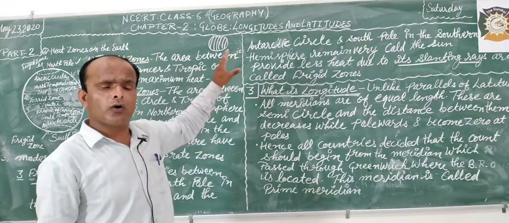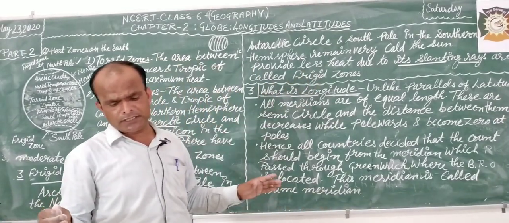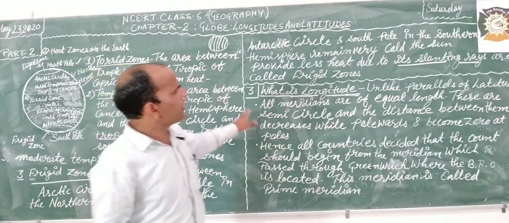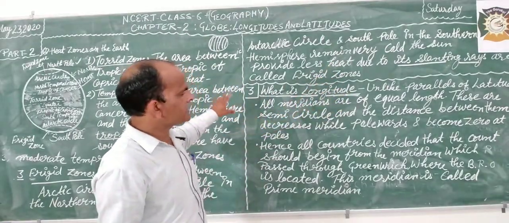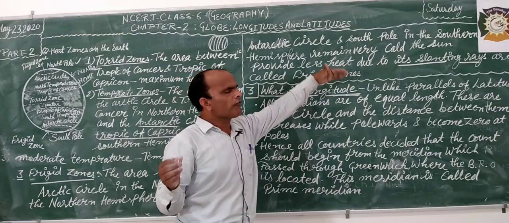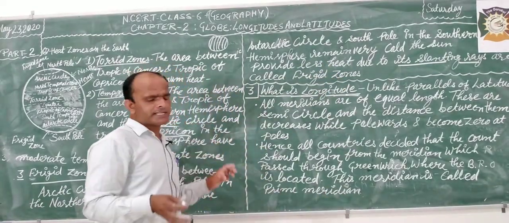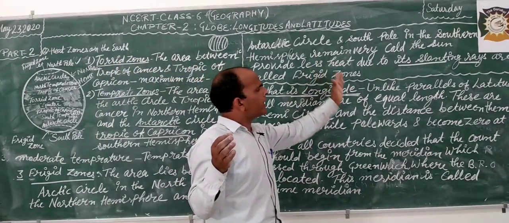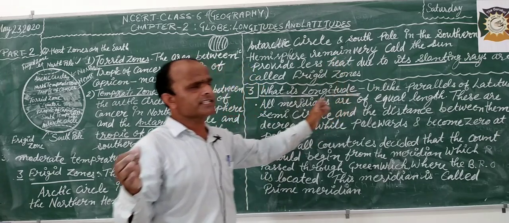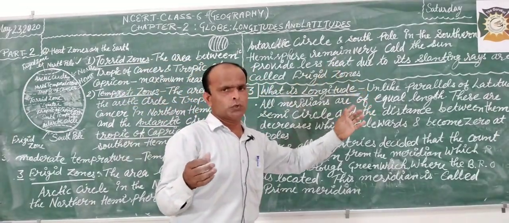Longitudes are always measured in degrees, and these are called degrees of longitude. Each degree is further divided into minutes, and minutes are divided into seconds.